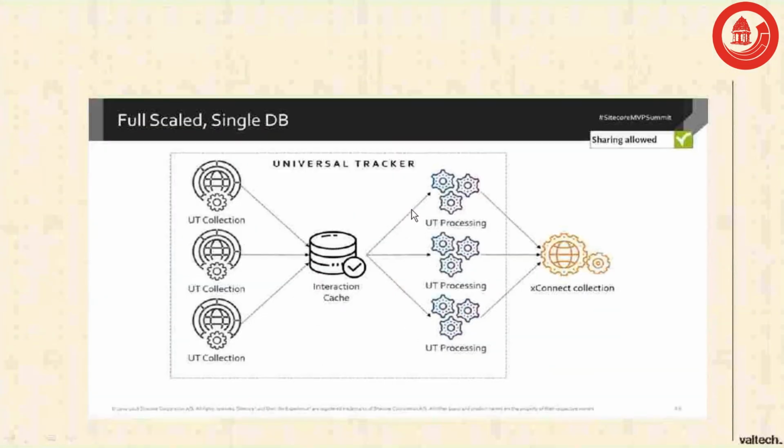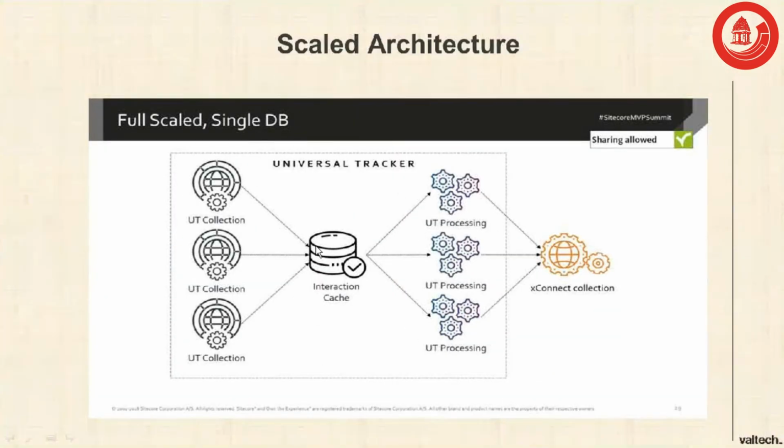Let us now go to the next slide and see the scaled architecture. So this is the scaled architecture of Universal Tracker. You can see on the left hand side there are multiple collection services, and on the right hand side there are multiple processing services. Sitecore Universal Tracker is quite flexible with it. You can have either a single collection service or multiple processing services, or the other way around.